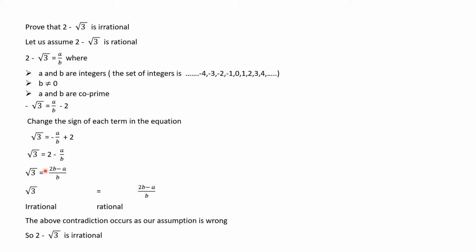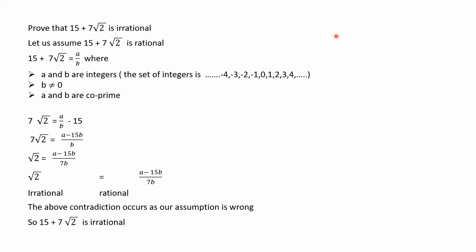Taking LCM, I get root 3 equals 2b minus a by b. We know that root 3 is irrational, but we have assumed 2b minus a by b is rational. This contradiction occurs as our assumption is wrong. So 2 minus root 3 is irrational. In the same way, you can prove it for 15 plus 7 root 2.